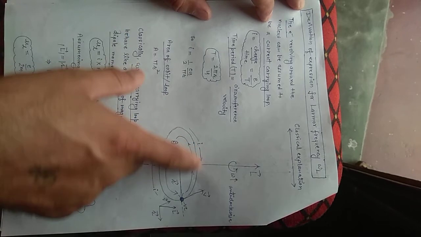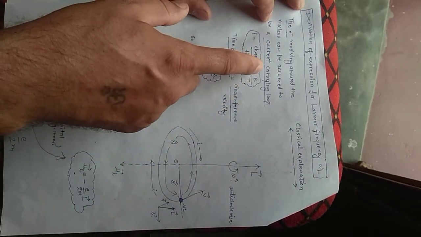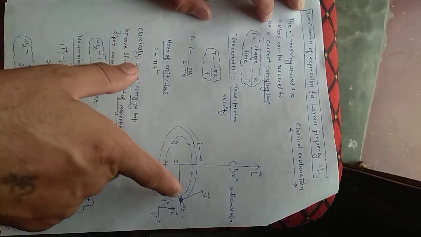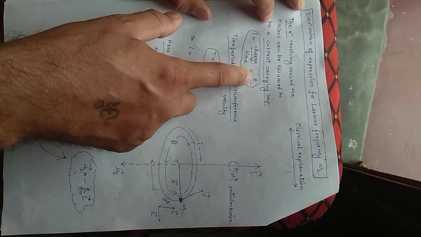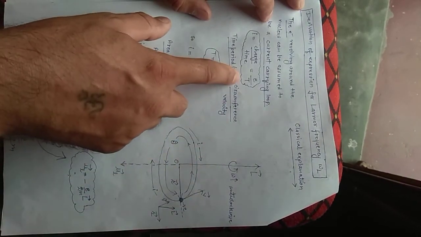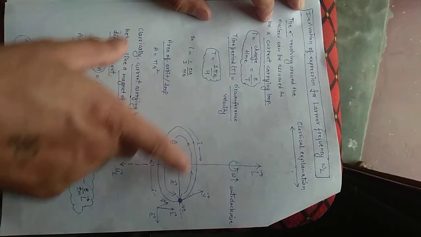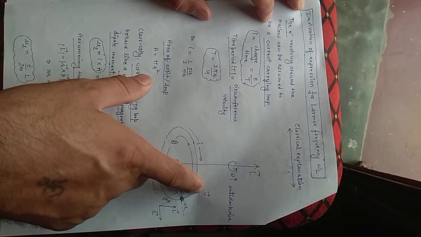So in one loop, the amount of charge carried by the current loop is the charge on the electron itself. So the charge is e, and the time taken to complete one revolution is the time period. Now suppose the electron is revolving with velocity v.